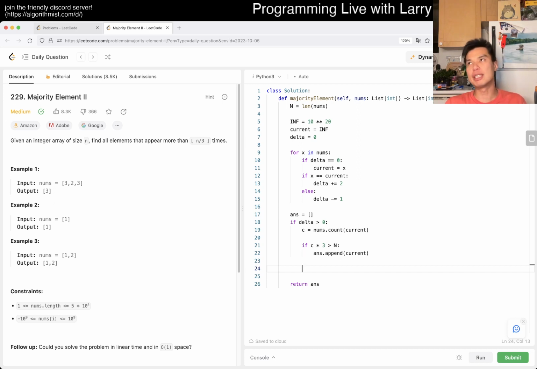Well, if we remove the most popular element, we still need n over 3, which is a little bit tricky. I think we could do the delta thing again and then do the math that way, but that seems a little bit too hand-wavy for me, to be honest.